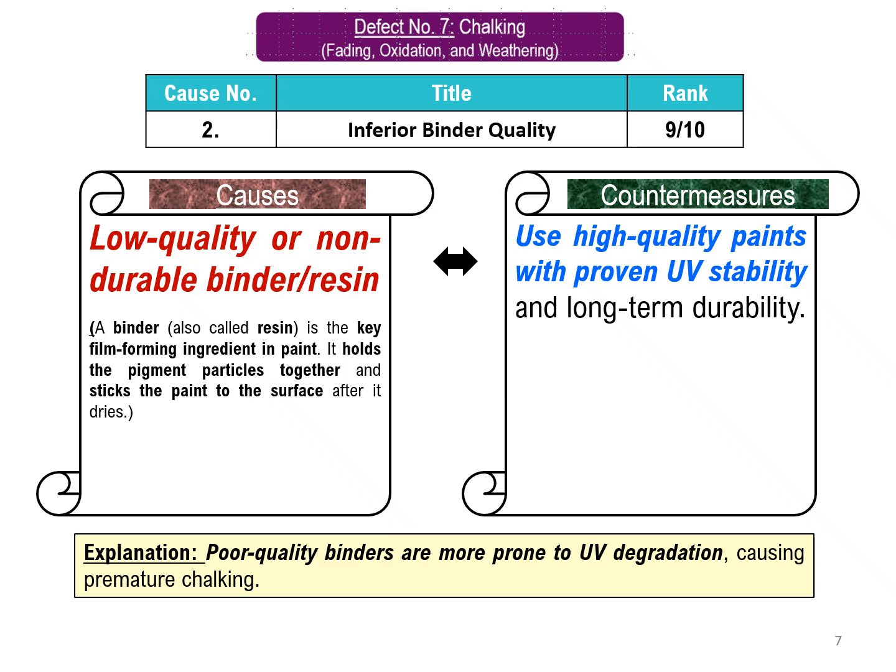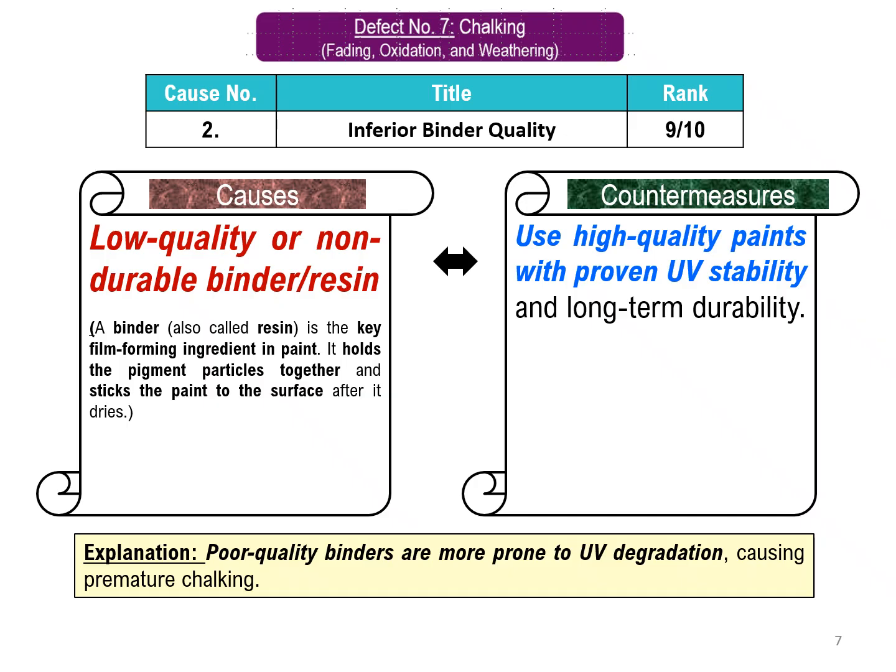The second most important cause is low quality or non-durable binder. Binder is a resin, which is the key film forming ingredient in the paint, and it holds the pigment particles together and sticks the paint to the surface after it dries.